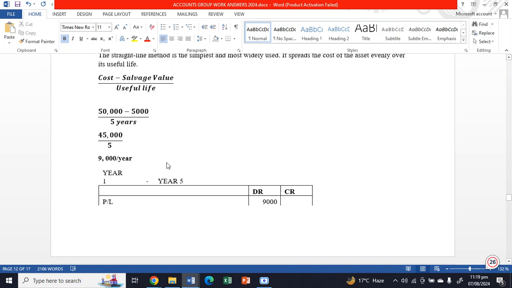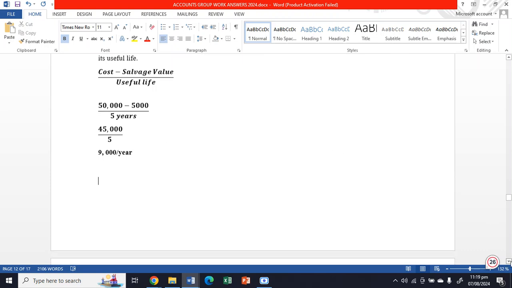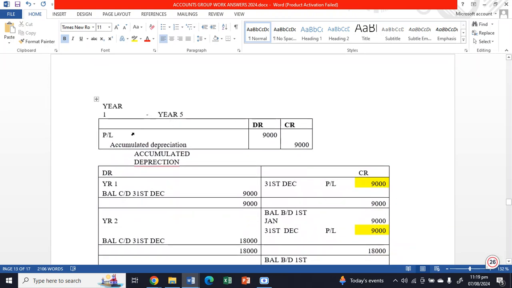So, whenever you get your depreciation expense, this is the journal entry. You debit depreciation expense or the profit or loss account. Other books you see debit profit or loss, other books you see debit the depreciation expense account.